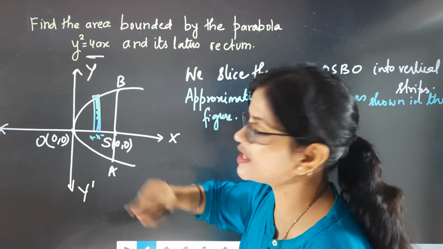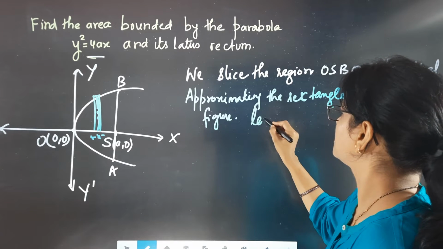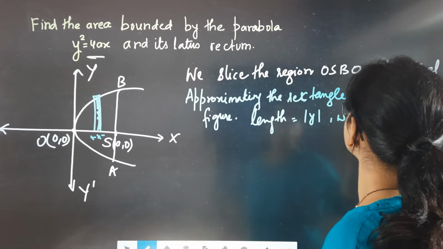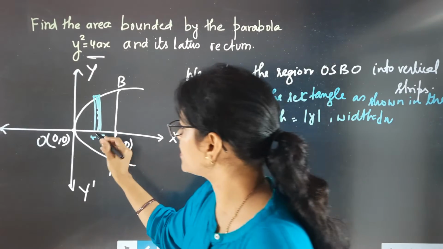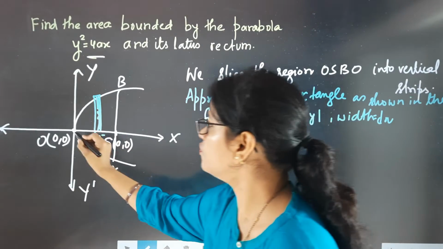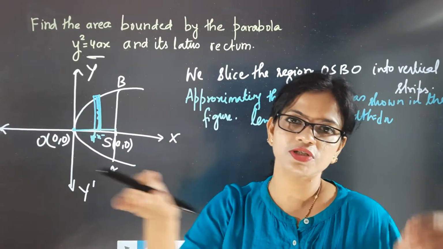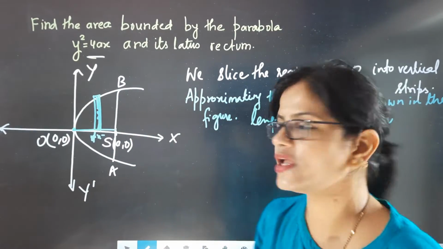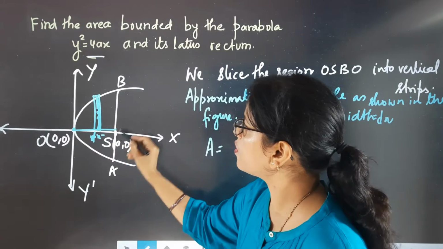The length part we can take as y, so length will become y and width will become dx. Small one we have taken, width will become dx. Now the approximating rectangle can move from 0 to a. The approximating rectangle, I told you, in the region means lower and upper, so this approximating rectangle can move from 0 to a. So that area, first we are going to write area of the region OSBA.